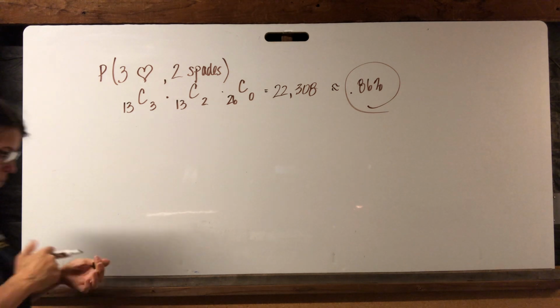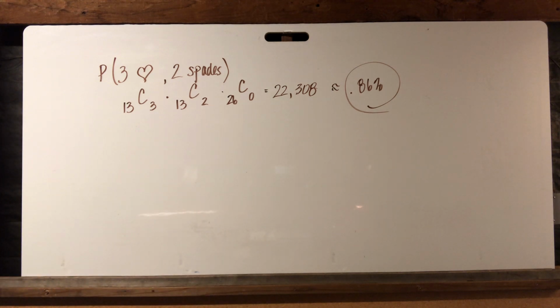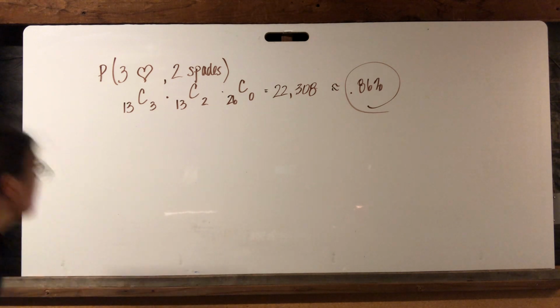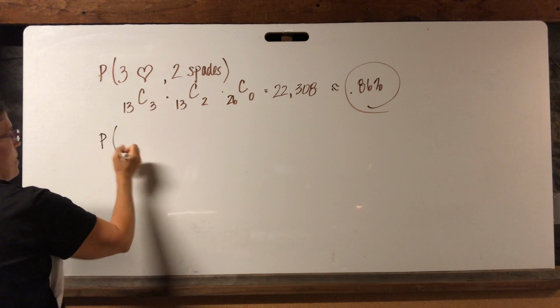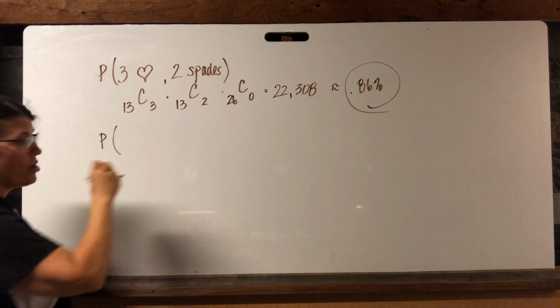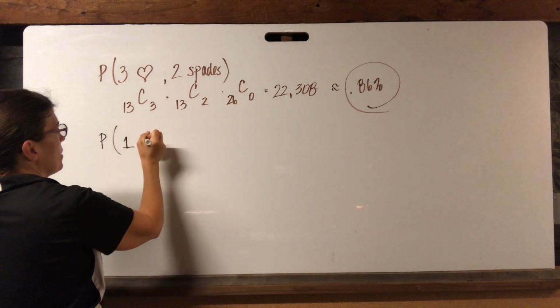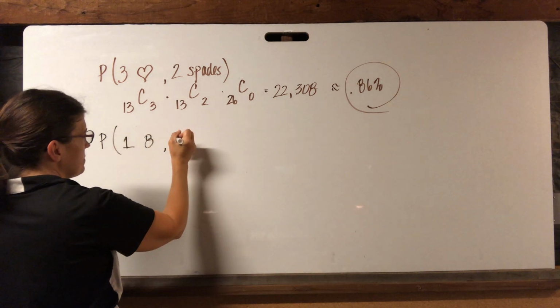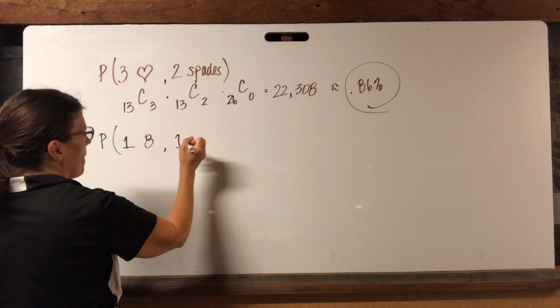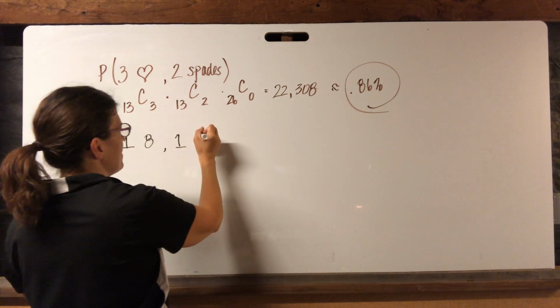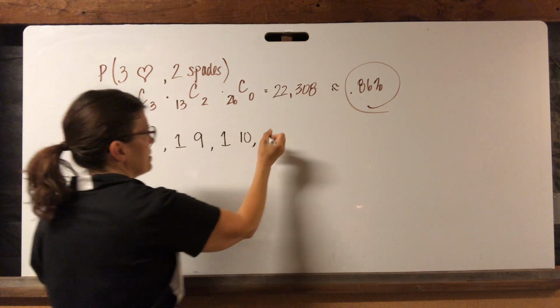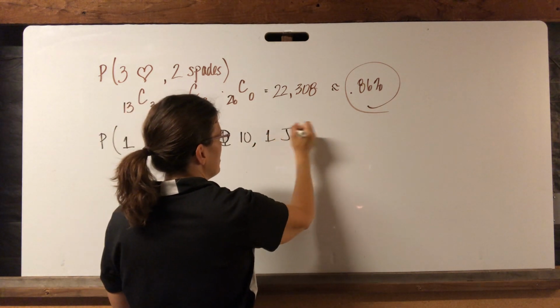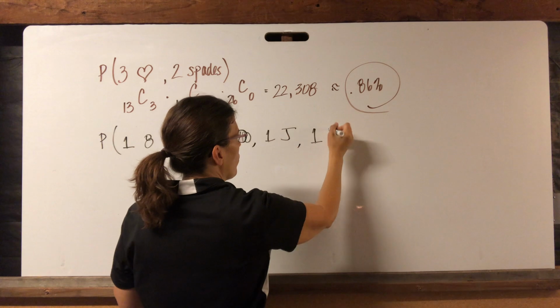Okay, I'm just going to make up one more. What is the probability that your hand has 1 eight, 1 nine, 1 ten, 1 jack, 1 queen?